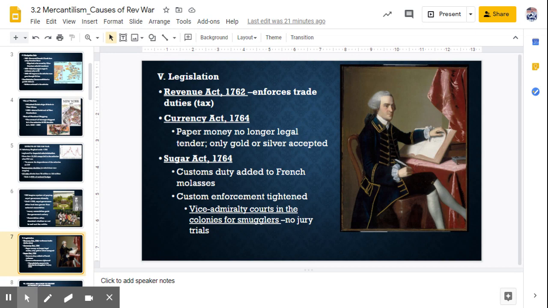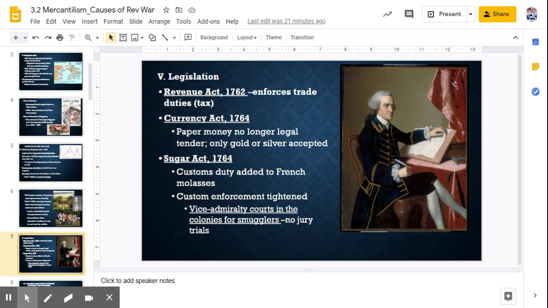In 1764, Parliament said that paper money was no longer legal tender when buying goods that came directly from Great Britain. So you could not use this paper money to buy goods that were ship-bound to the New World. You could only buy those goods if you had gold or silver coins.